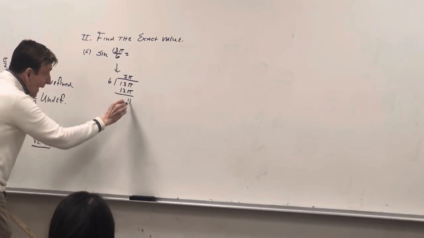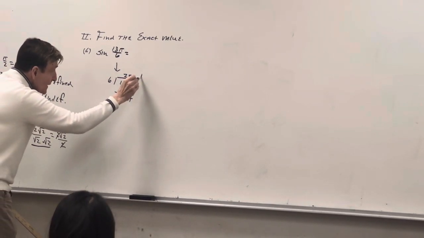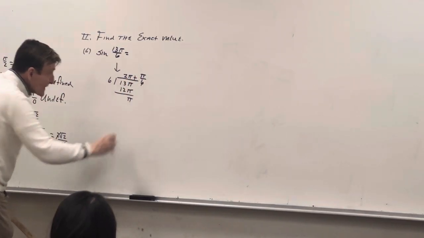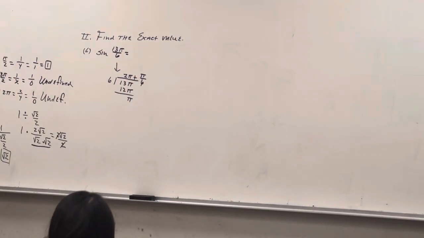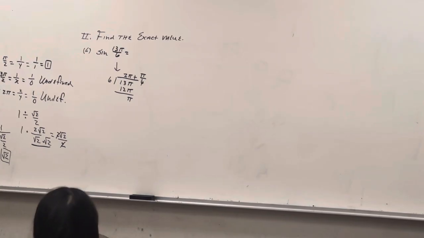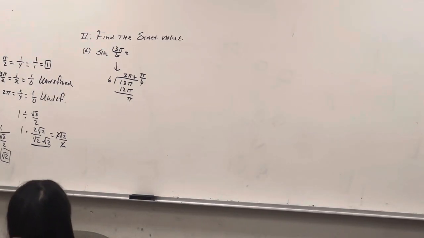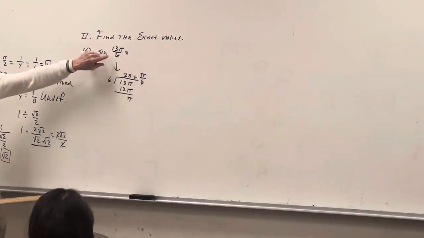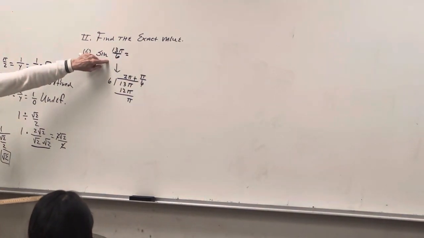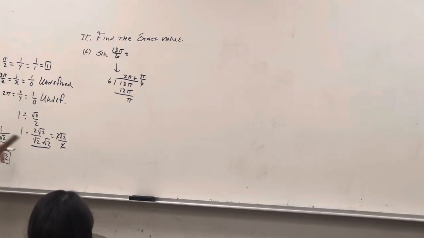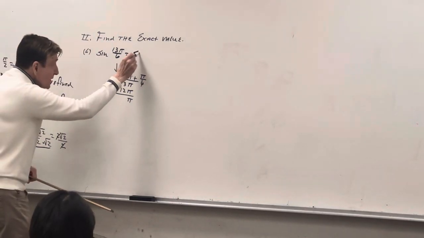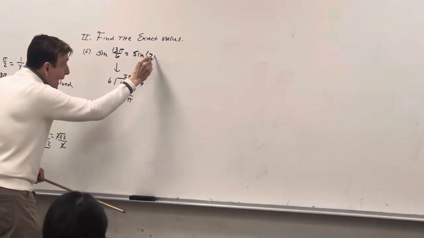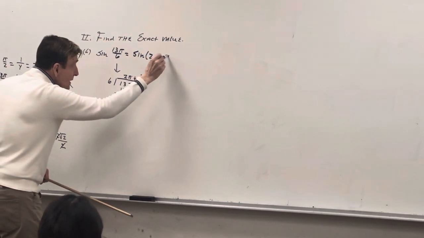A little remainder of pi, which I could bring up here and write it like that. I did a little division, elementary school. And by the way, if you put these back together with the common denominator of 6, you'll get 13 pi over 6. So I could think of 13 pi over 6 as looking like that. So this is a sine of 2 pi plus pi over 6.